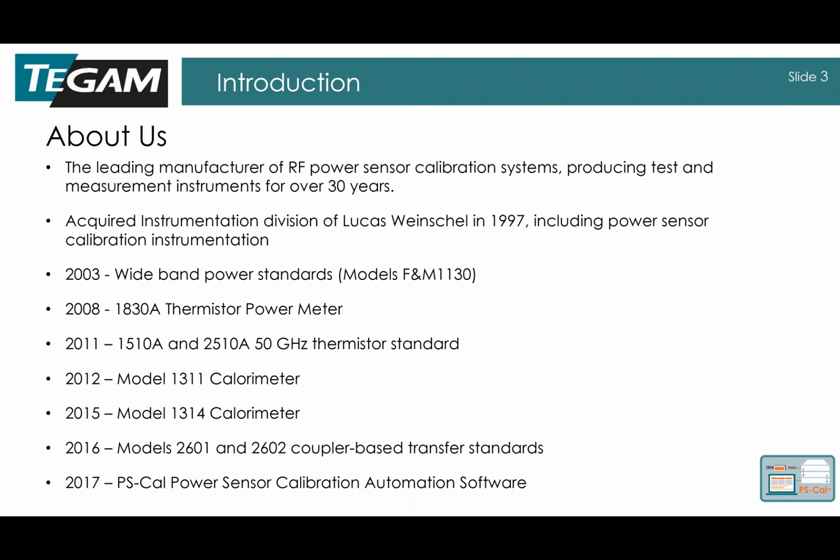And then shortly thereafter, we followed with the 2601 and 2602 coupler-based transfer standards. Those standards utilize our existing know-how on the 2505 and 1505, which many of you are probably familiar with, but enable us to bump up the power and measure higher powers.